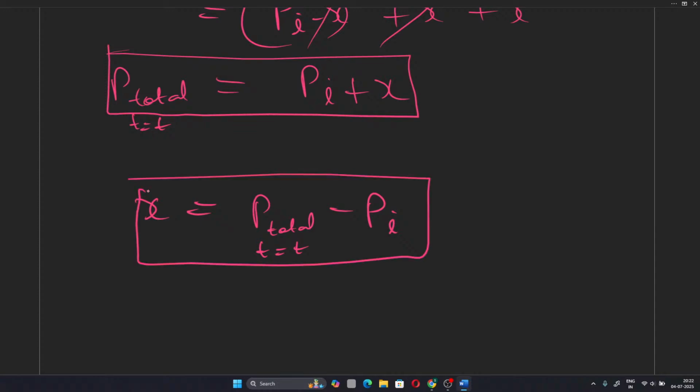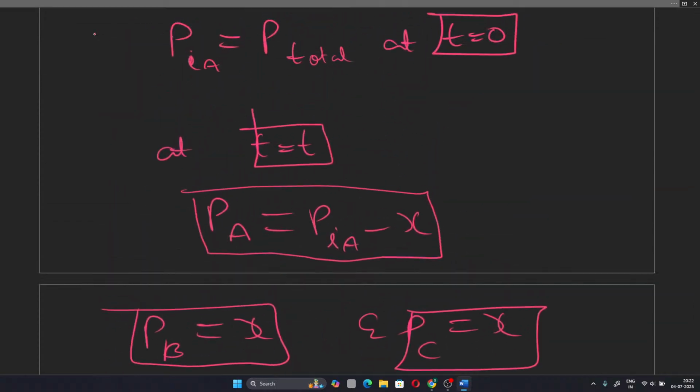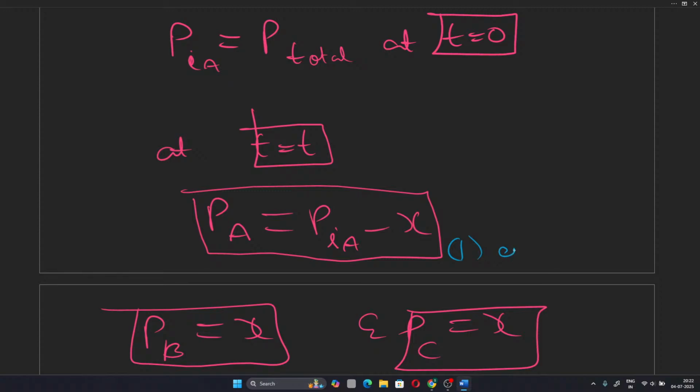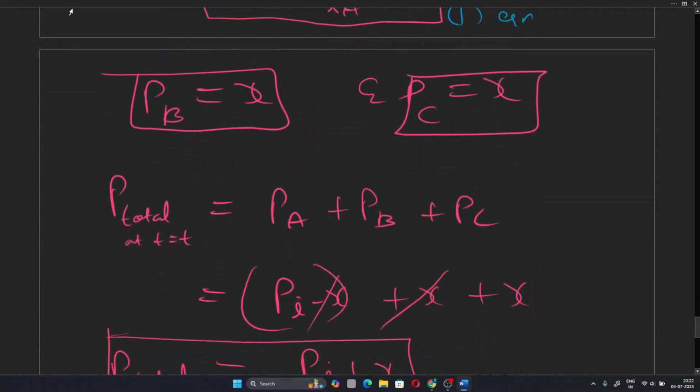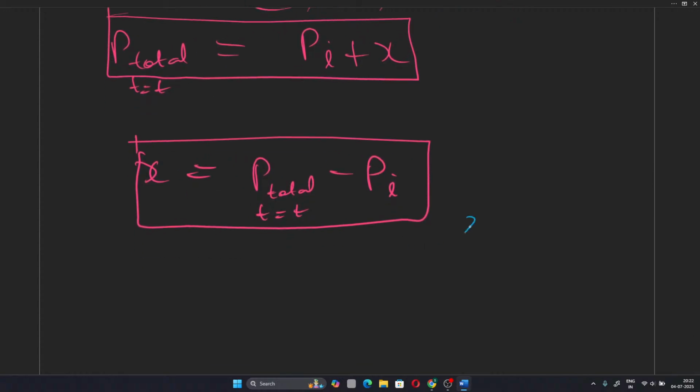Now substitute this in equation 1. Equation 1 is this one: PA equals Pia minus x. Substitute equation 2 in equation 1.